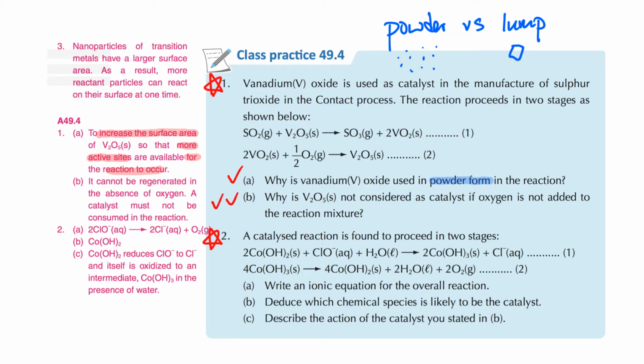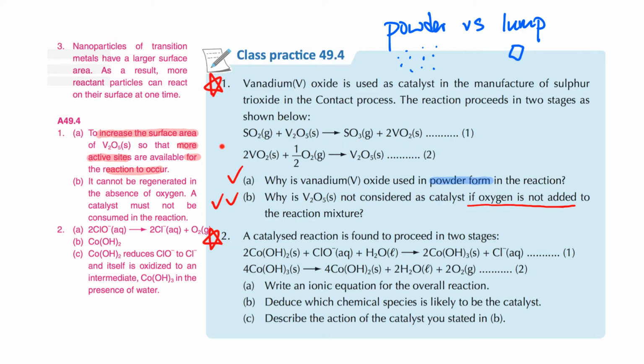Why is vanadium(V) oxide not considered a catalyst if oxygen is not added to the reaction? You can see that right here, SO2 already becomes SO3. Remember, the contact process is the manufacture of sulfur trioxide. If we just had reaction 1 itself, it would actually be good enough to see the product.